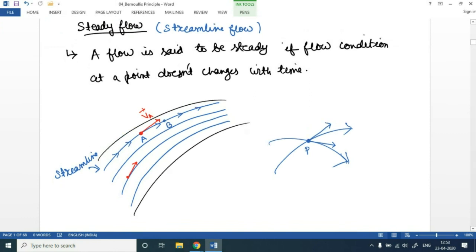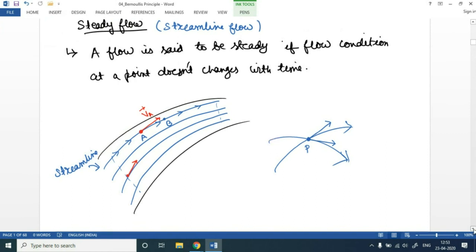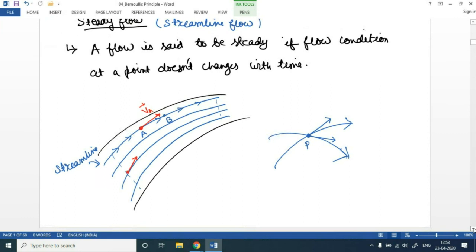One another thing you should notice is that in this region you can see the separation between the streamlines is large, and in this region the separation between the streamlines is smaller. This is indicative of the speed of the flow in that region.